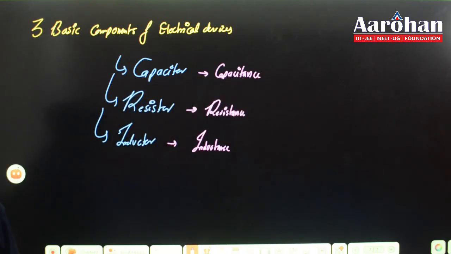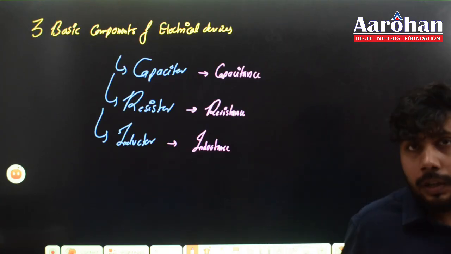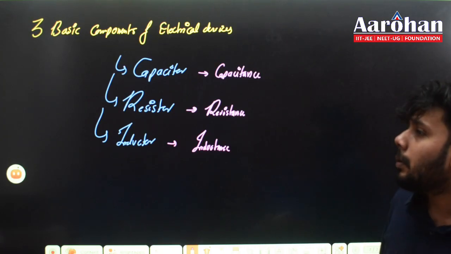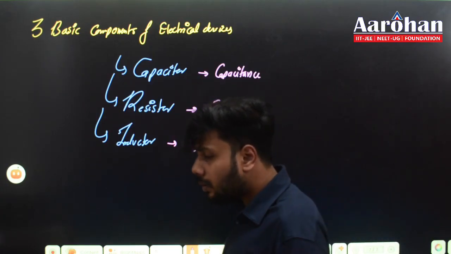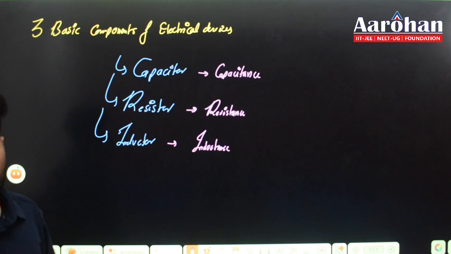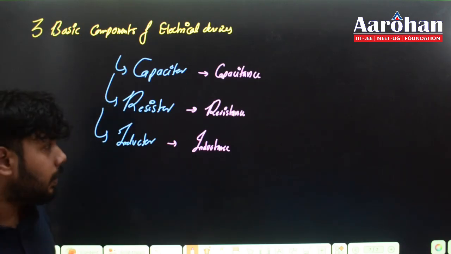Even the resistor you studied in the previous chapter will also have some resistance, maybe in milliohms, maybe in hundreds of ohms, or maybe in thousands of ohms. It depends on the type of device you have built.